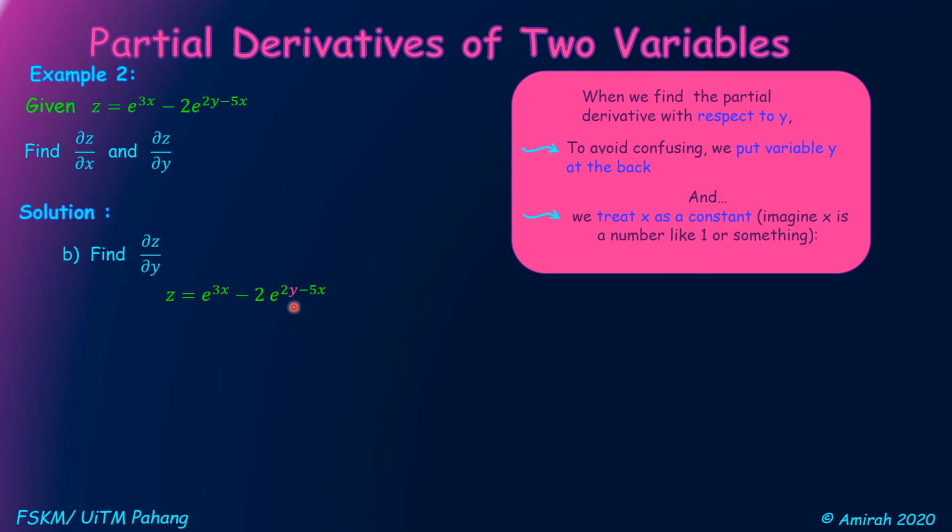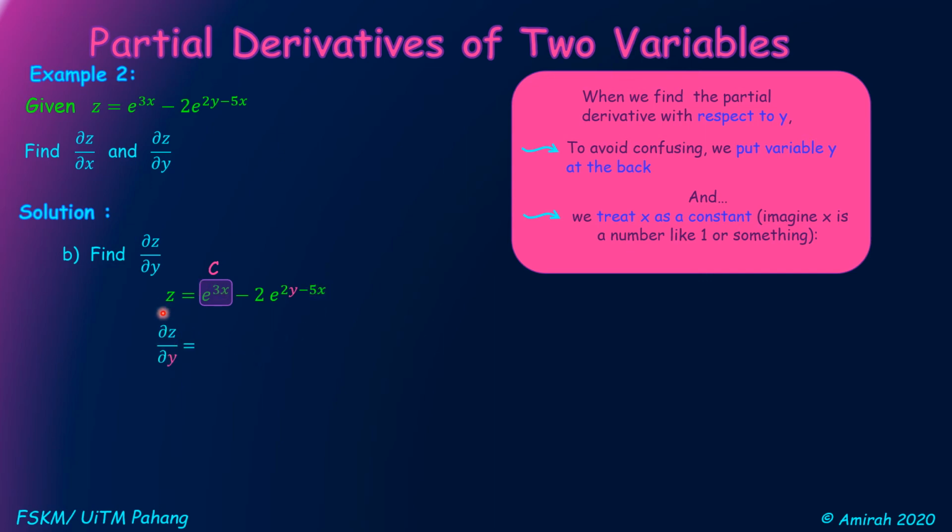Let's say we write variable y in a different color. Now we treat x as a constant. So e, which is Euler's number, 2.718 something, to the power of a constant is also constant. And x here is a constant, and then times 5, also constant.